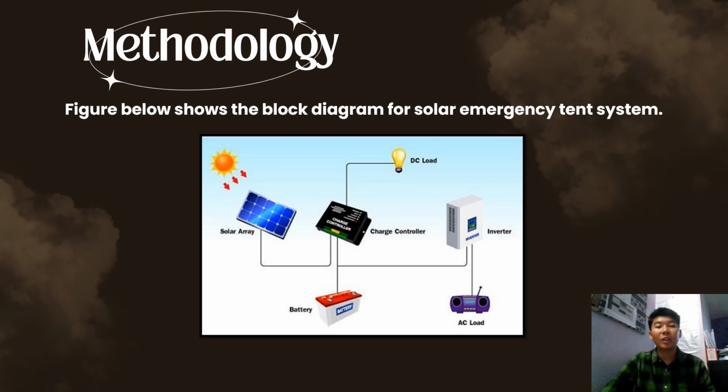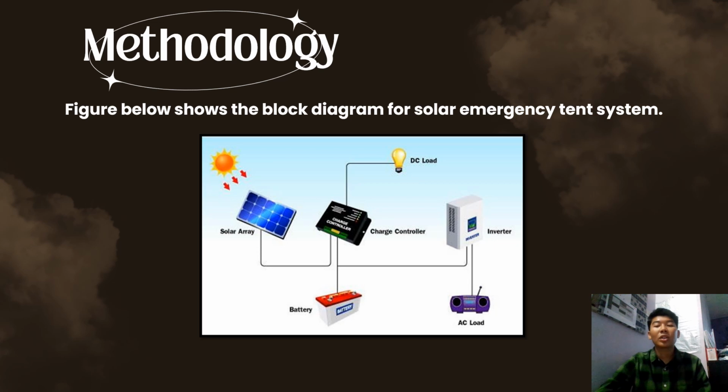And now is for the methodology part. The figure below shows the block diagram for the solar MGC 10 system. The first one is the solar panel. It converts solar energy to electricity or heating before it is connected to the charge controller, which functions as the regulator to regulate the voltage or current from the panels to the battery.